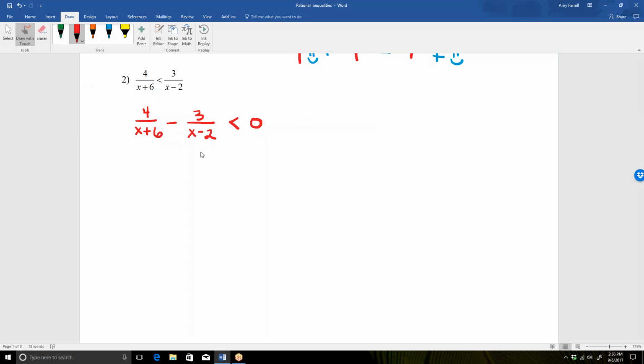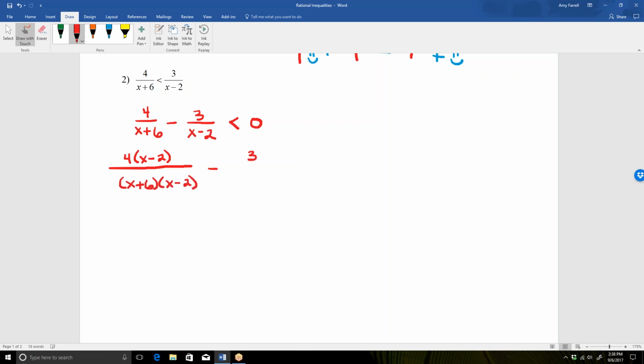I've got a difference of rational expressions. So what I'm going to do is find a common denominator, and that common denominator is (x + 6) times the quantity (x - 2). So I'm going to multiply the first rational expression, both the numerator and denominator, by x - 2.